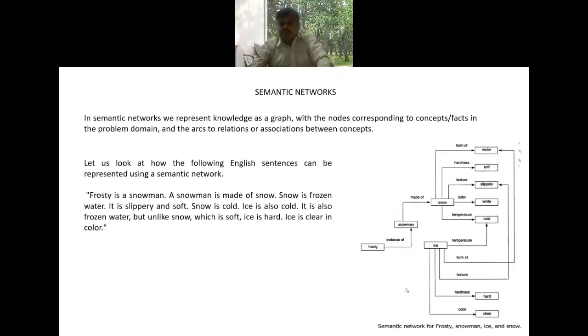So in this way, we construct a diagram which has some nodes. Frosty, snowman, snow, all these are known as nodes. Whereas the arrows between the various blocks represent properties, belongingness, or characteristics.